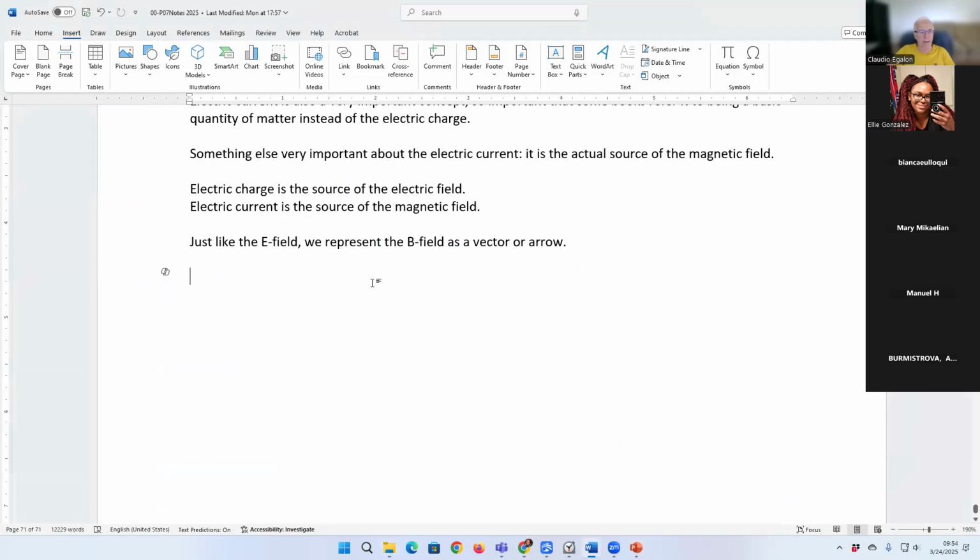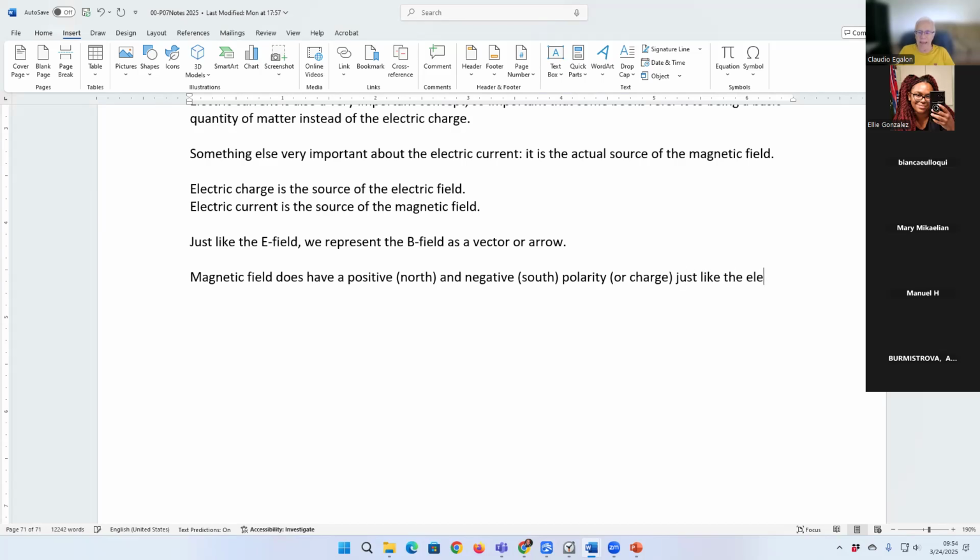Let's write that down again. The magnetic field has a positive north and negative south polarity. Let's put that for charge, right?